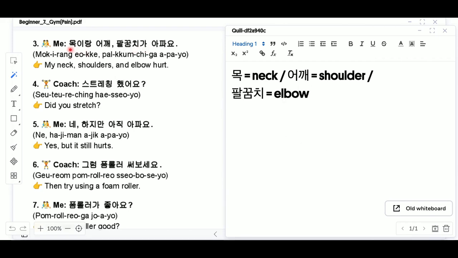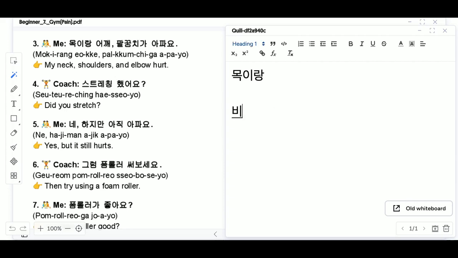Elbow. And so 목이랑 어깨, 팔꿈치가 아파요. Then why is it not 목랑? Do you remember why there is an 이 next to 랑? 비빔밥이랑 because there's a bottom character, a final consonant.